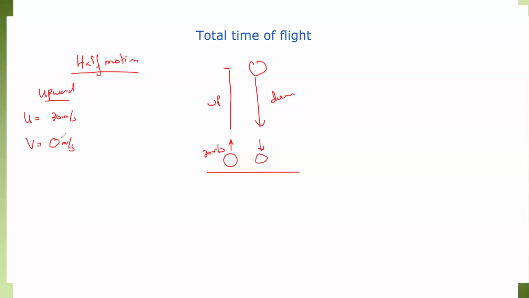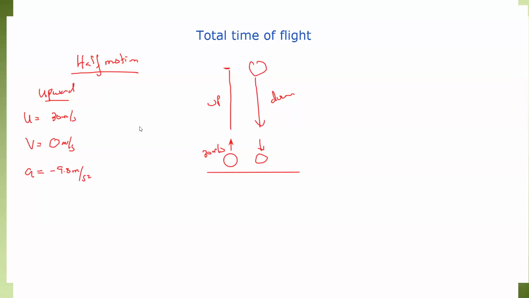Because when an object is launched vertically upward, it always has a deceleration. So the speed is maximum at the beginning, and when it reaches the maximum height, the speed will decrease, and at the maximum height it will be 0. What should I take for the acceleration, negative 9.8 or positive 9.8? Negative 9.8 meters per second squared.